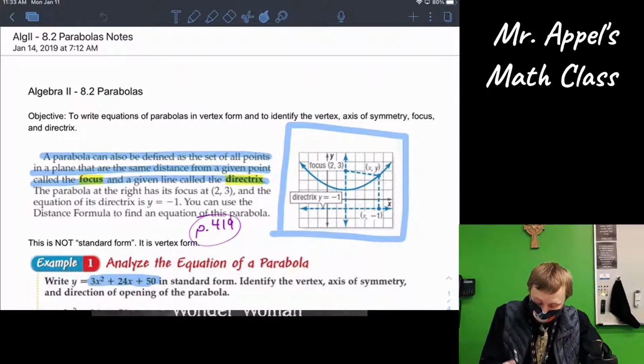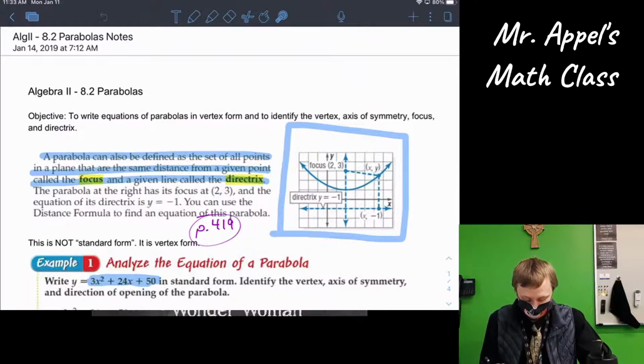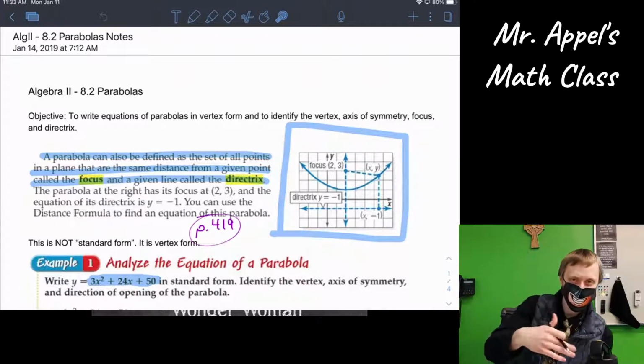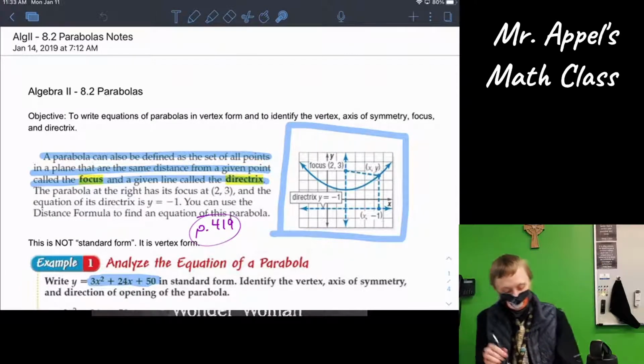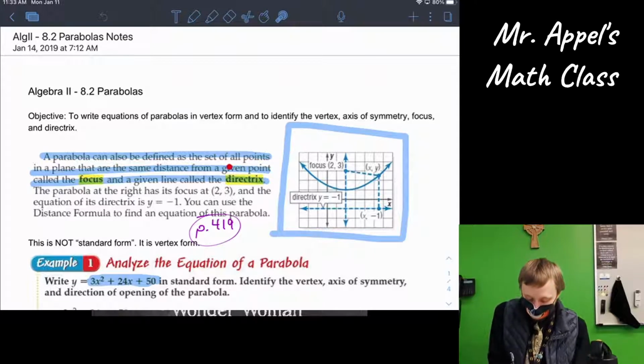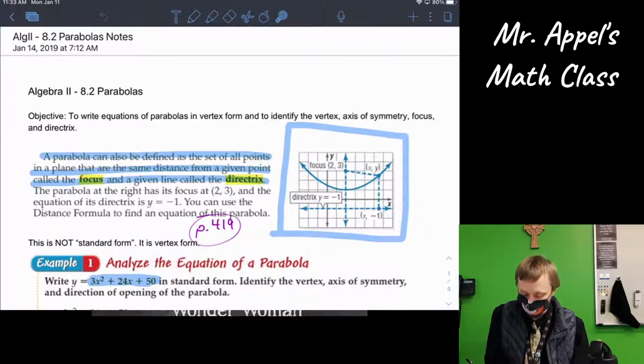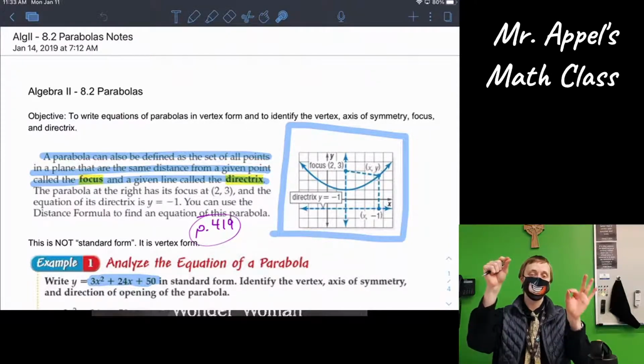And they have this new fancy feature, right, called the focus and a directrix. And this is where the distance formula came in, because a parabola can be created with all the points that are the same distance from a point and a line. Oh, now it's not just from one point to another point.